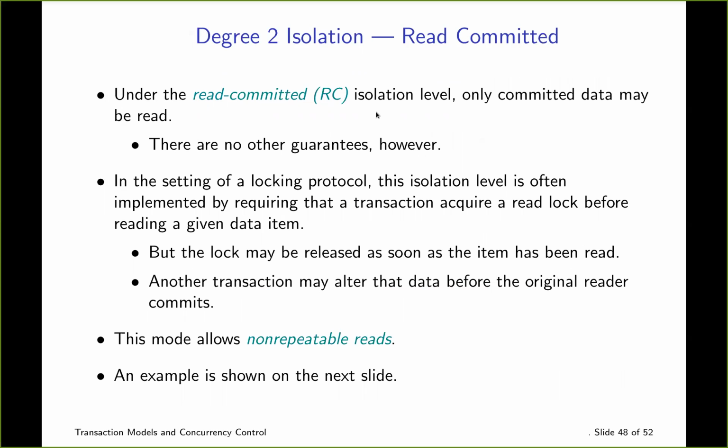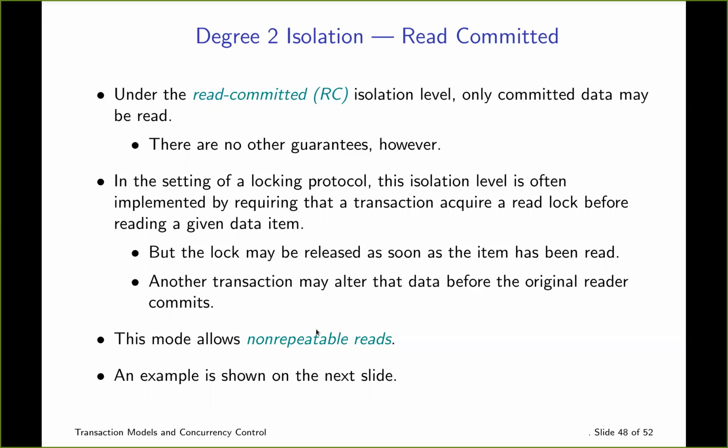Under read committed, it means that when you do a read of something, you're only going to be reading what's already been committed by another transaction. However, another transaction might also alter the data, so you might get non-repeatable reads.